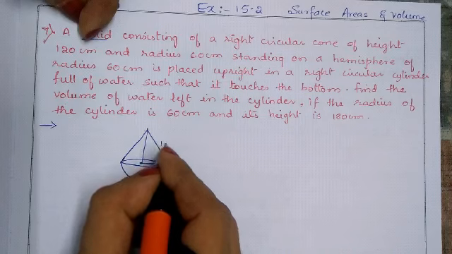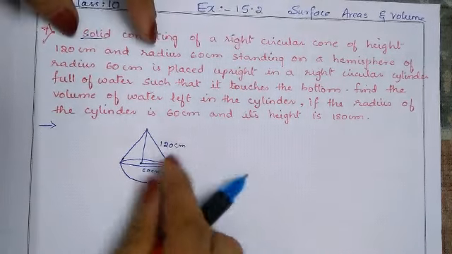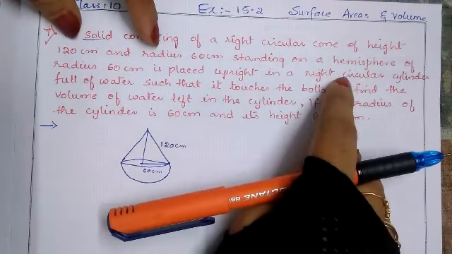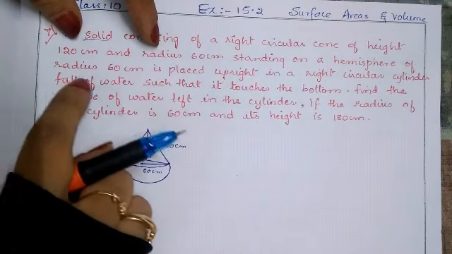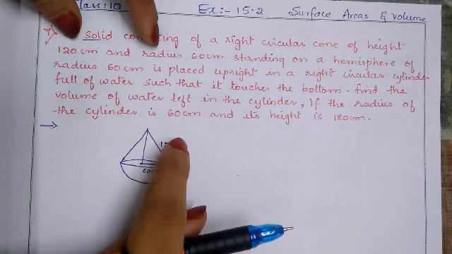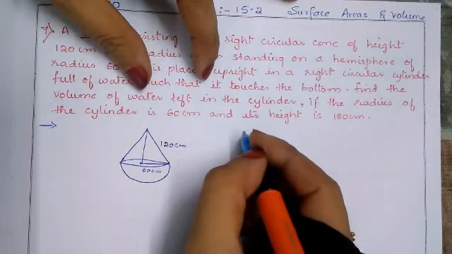They have told that this complete solid is placed upright in the right circular cylinder full of water. It is kept in a cylinder which is full of water. Let us draw one cylinder.